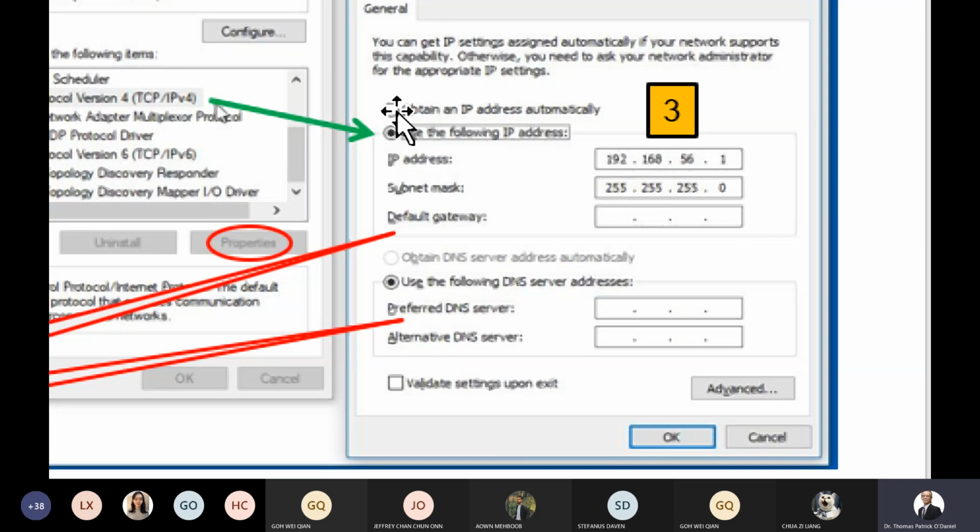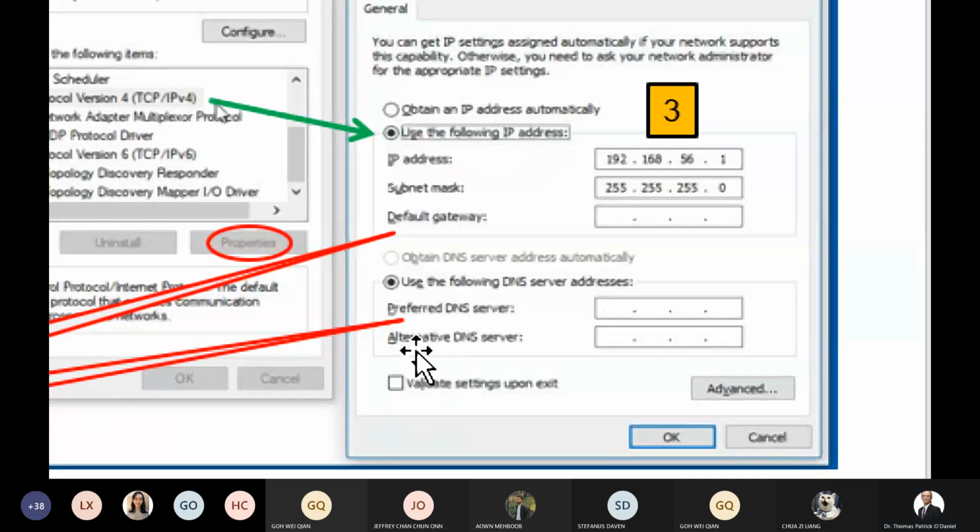This is what we get. Obtain an IP address automatically or use the following IP address. This is the one that is a static configuration. But if you look at the one you're using now, it's going to have this spot checked, obtain an IP address automatically, which means get one from the DHCP.